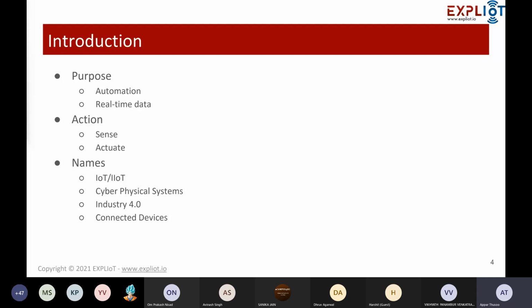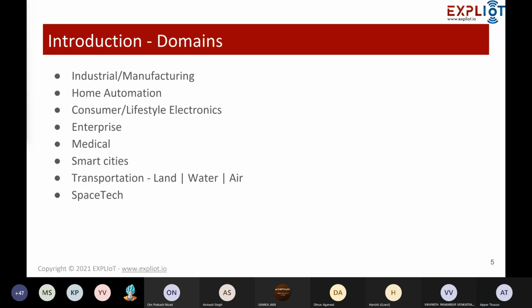When we talk about critical infrastructure like your power grids and your water treatment plants, their IoT can be called cyber-physical systems. When IoT is implemented on a manufacturing line, where the robots and the manufacturing line are connected to the internet, it is called Industry 4.0, and also connected devices.